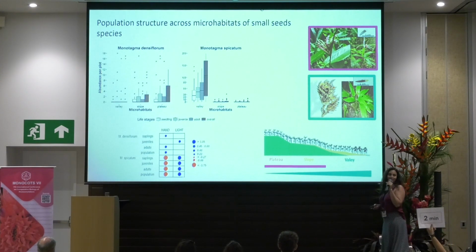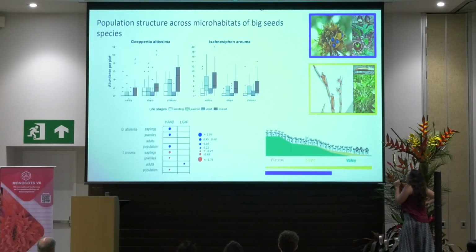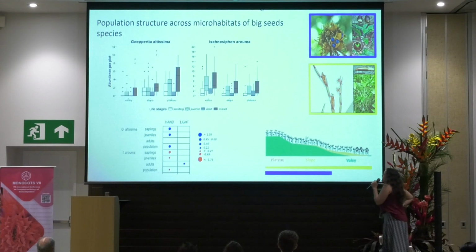Next one, please. Okay. For the big seed species, we don't see a lot of environment filters as we saw for the small seed species, and we have really almost nothing about the environment characteristics.